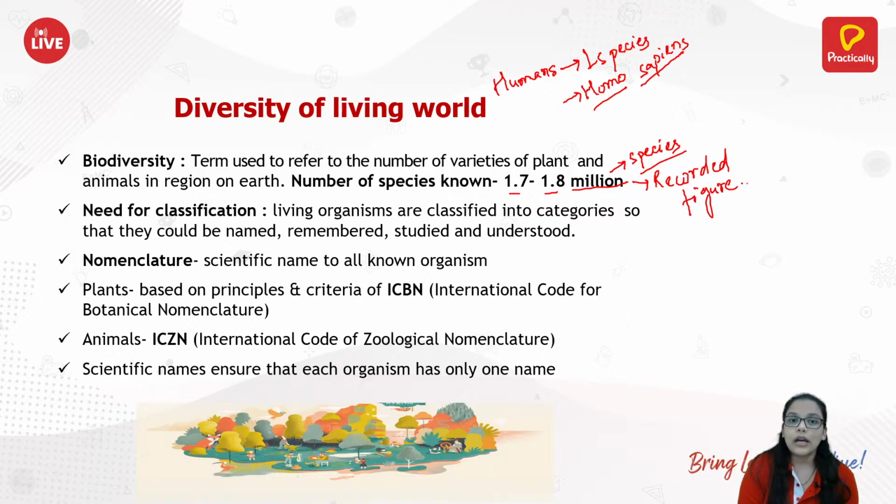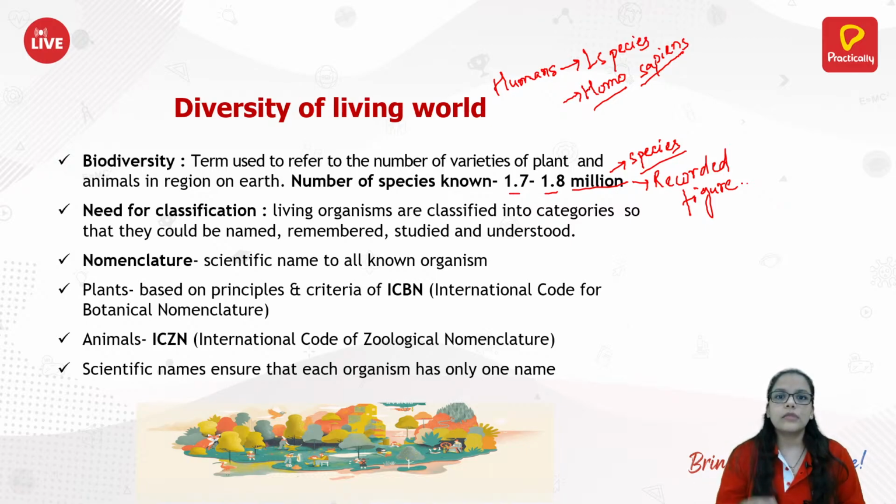Since there are so many living organisms around us, we need a way to classify them, so that it is easy to name them and easy to understand their characteristics.